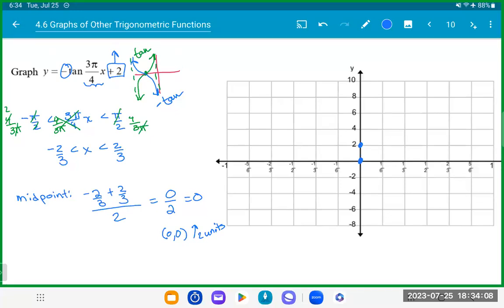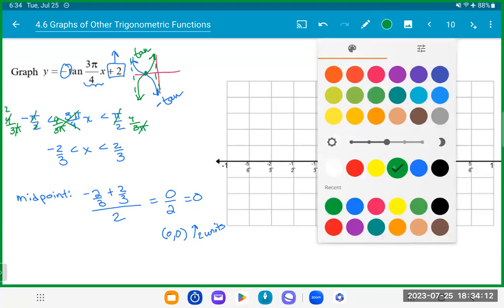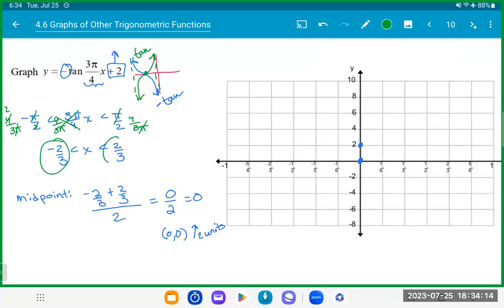We're going to have asymptotes on our endpoints here. Remember, this is our asymptote. So we come in at negative 2/3 and positive 2/3.